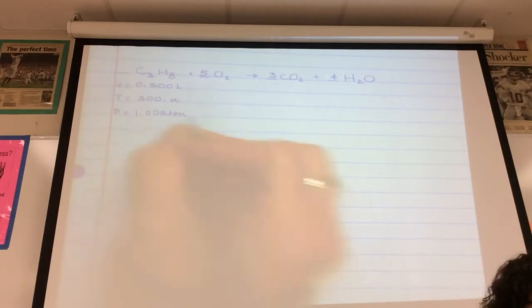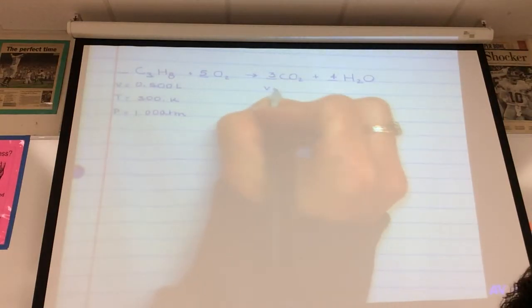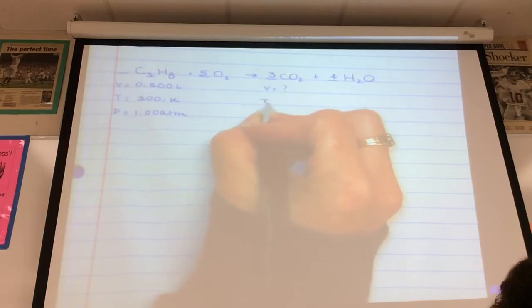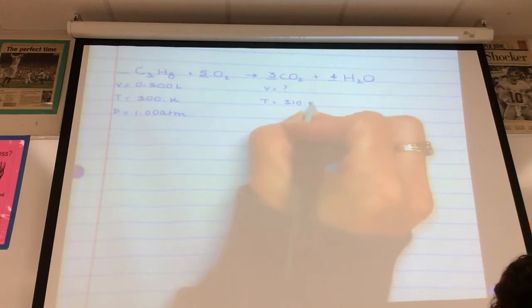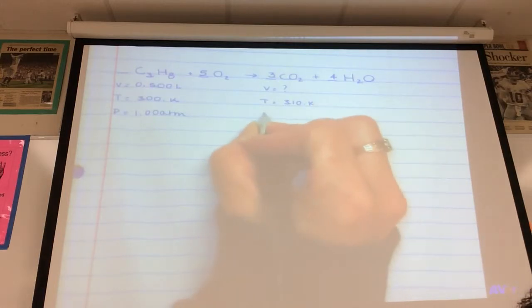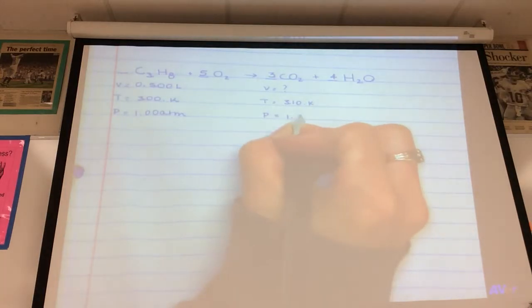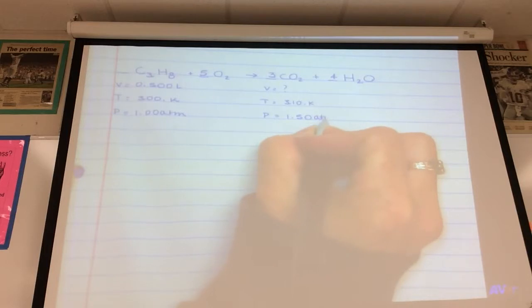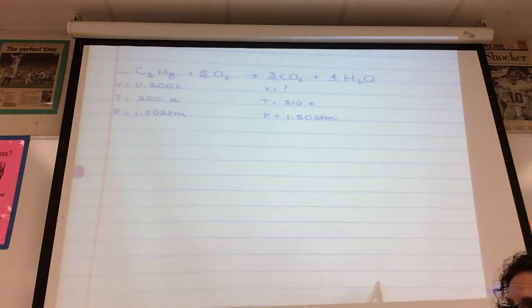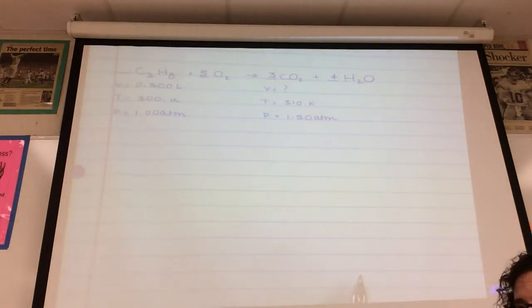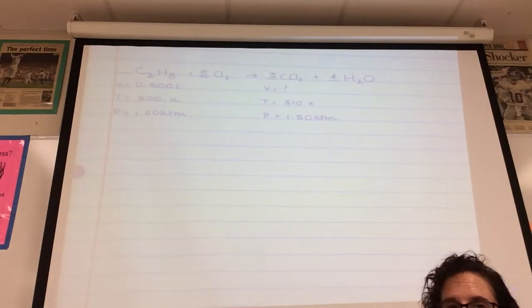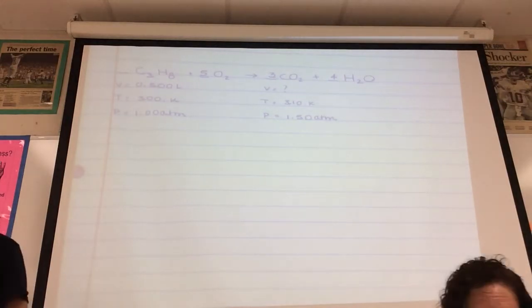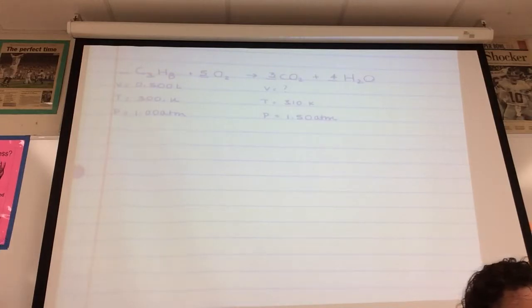We want to know the volume of CO2. The temperature here is 310 Kelvin, and the pressure is 1.50 atmospheres. So again, at first glance, this may look like a combined gas law problem.